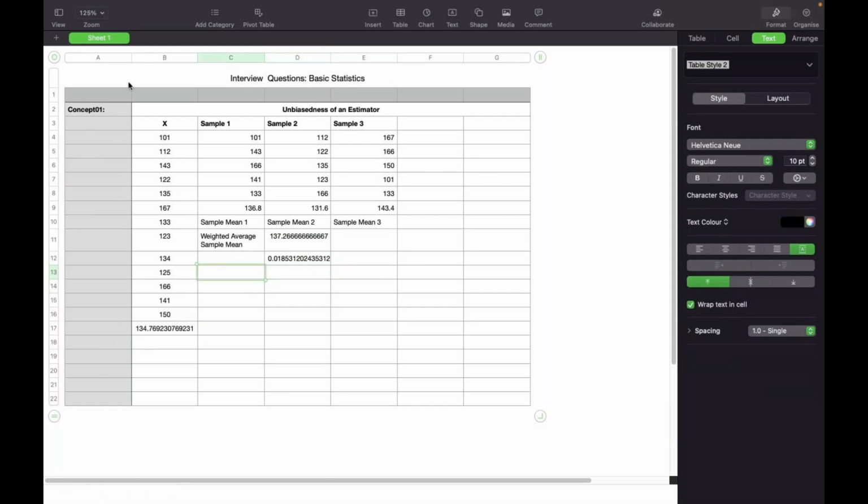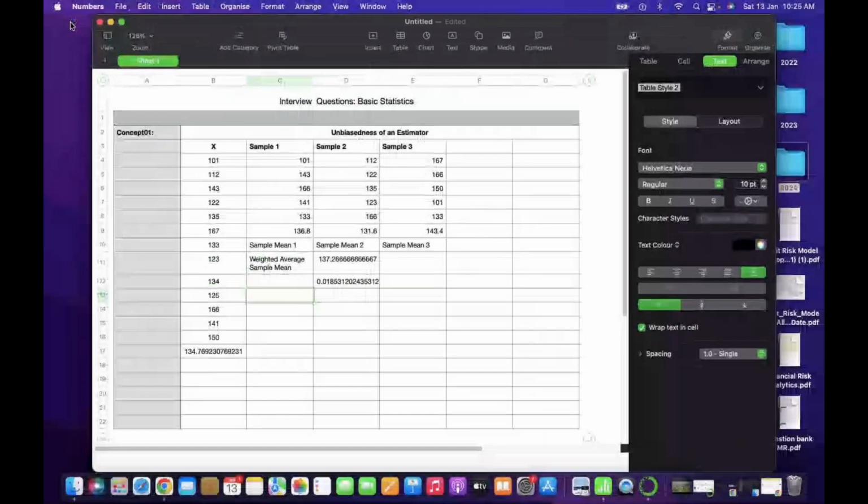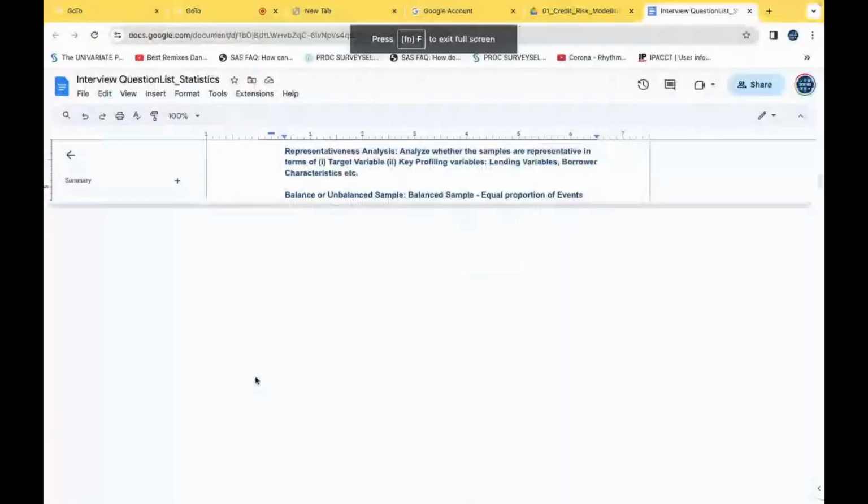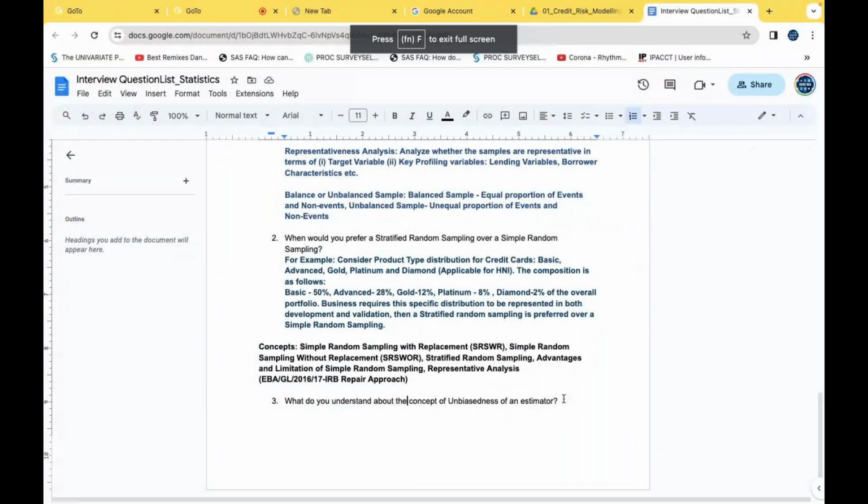So the concept of unbiasedness itself states that if I have a distribution of the averages, the estimator would be an unbiased estimator if the weighted average of the sample means is equal to the population mean, right? So mathematically what we say is that the expected value of the sample statistic is equal to the population parameter, right?